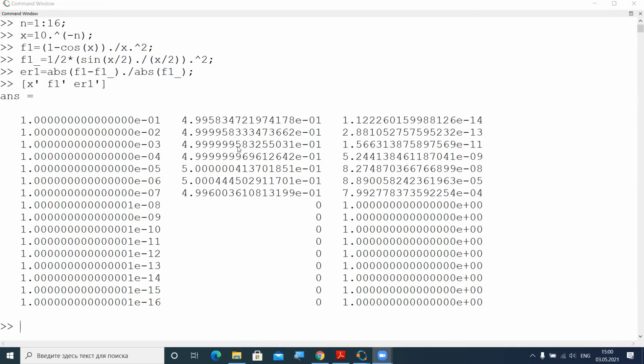And you can see here the values of x from 10 to the minus 1 till minus 16. And then in the middle, you have the values of f1. So at the beginning it's 1, and then it takes just 0. It depends on the machine precision also.